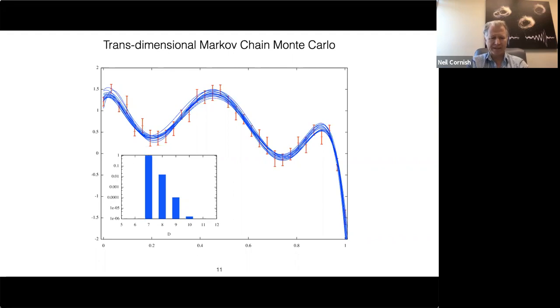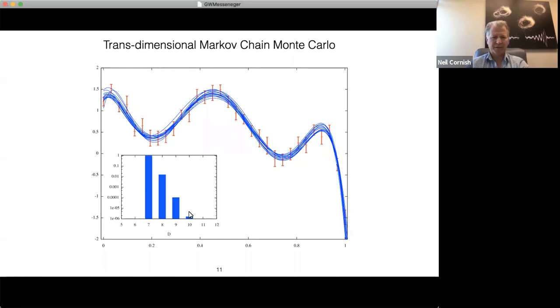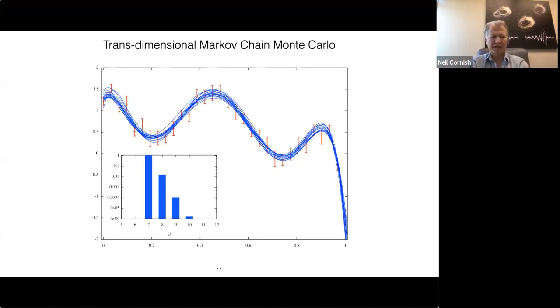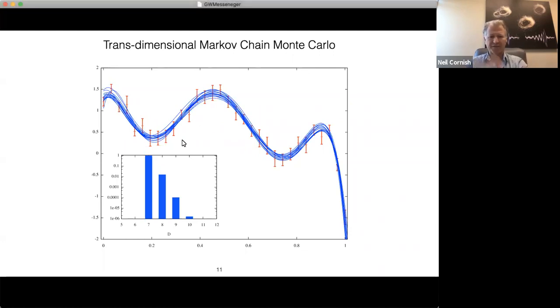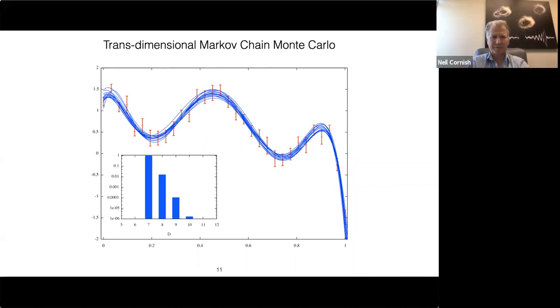The little inset is a histogram of the model dimension, and you see that the preferred model dimension was a 7-dimensional polynomial, but it also tried polynomials with 8, 9, and even 10 parameters, but it favored using a 7-parameter, 7-term polynomial to fit this. So here's an example where both the components of the polynomial, the various terms in the polynomial expansion, are getting varied, but in addition, the degree of the polynomial is also varying. This is a very simple example of what we mean by transdimensional modeling.